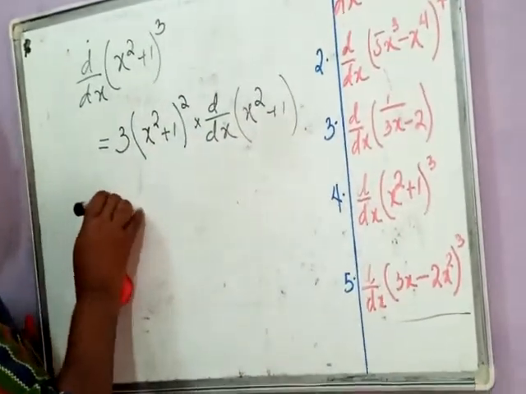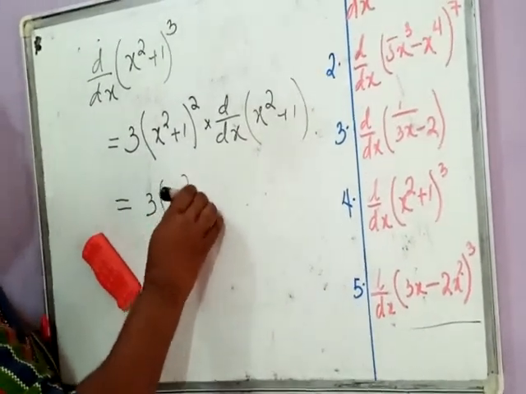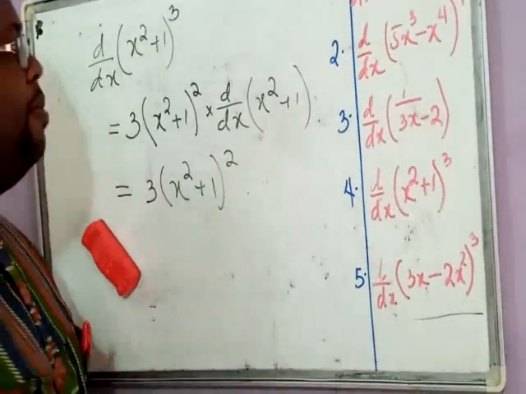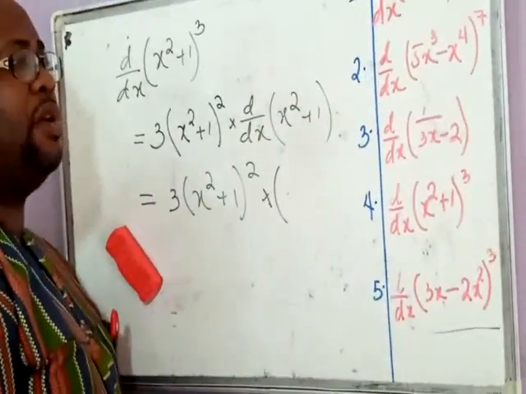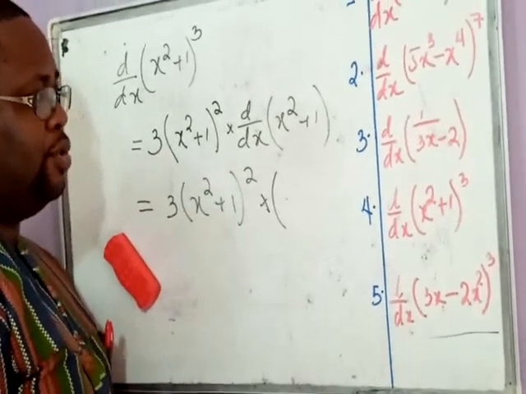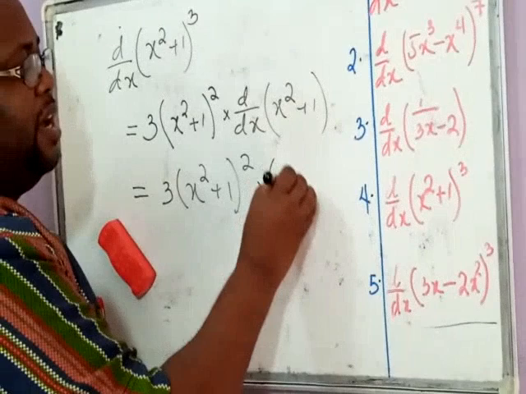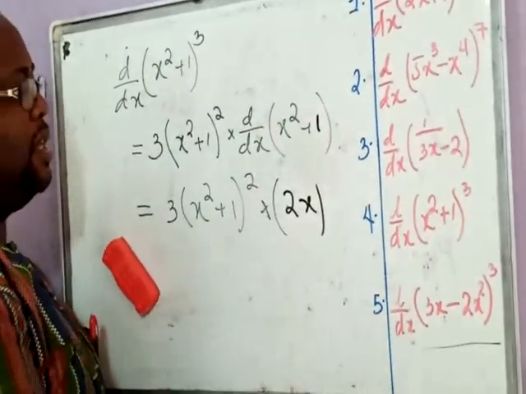And at the end of the day, this simply gives me 3 into x squared plus 1, all squared. Now when you differentiate x squared, you get 2x: you bring down this power and subtract 1. So we have 2x. Then when you differentiate 1, of course, you get 0.